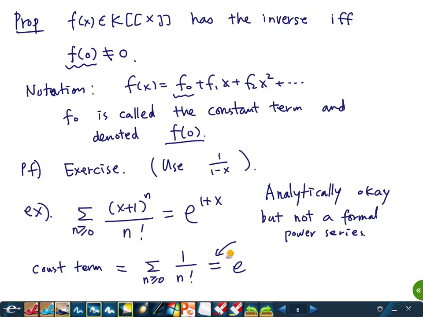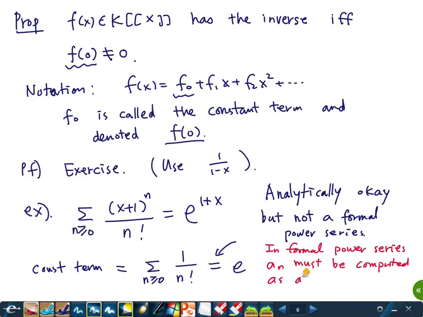In formal power series, very important, the coefficient a_n of x^n must be computed in finite time, as a finite sum, not an infinite sum, not like this, because all we can do is add two numbers together.